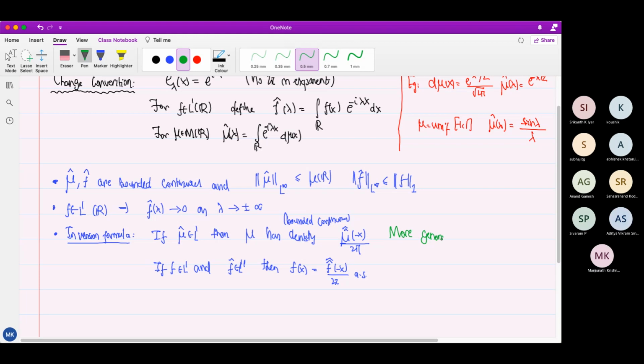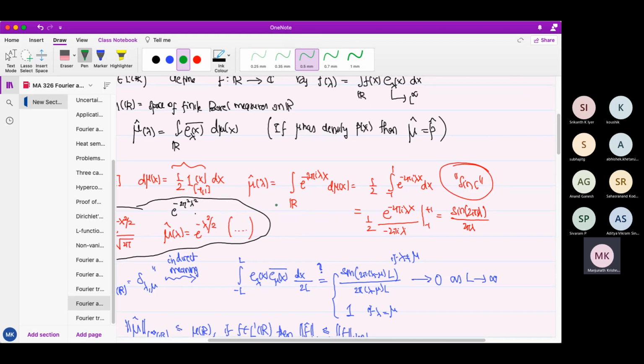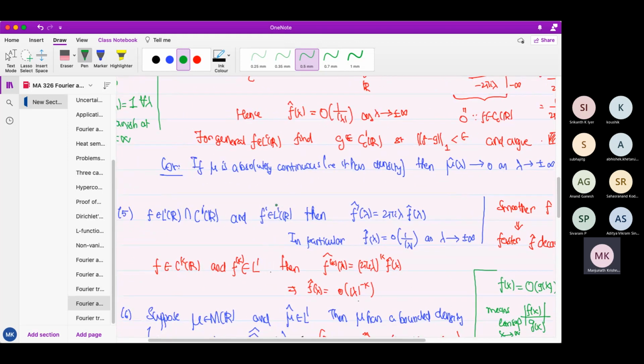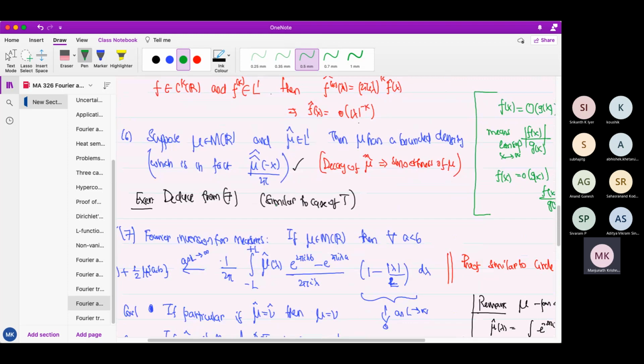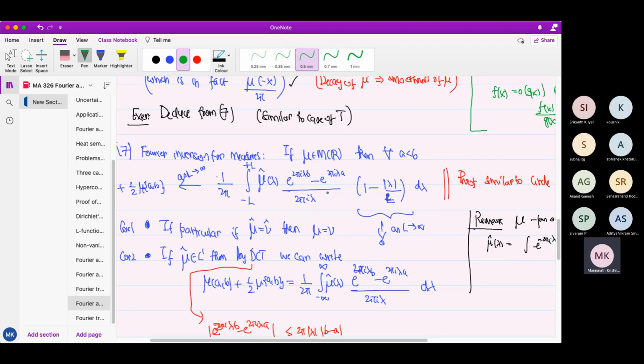And let me just say that a more general inversion formula exists, which I will not write again, without assuming mu hat is in L1. In the notes, maybe I will try to write it properly. This type of formula which I wanted, where mu of (a, b) plus half of mu at the endpoints is equal to this.